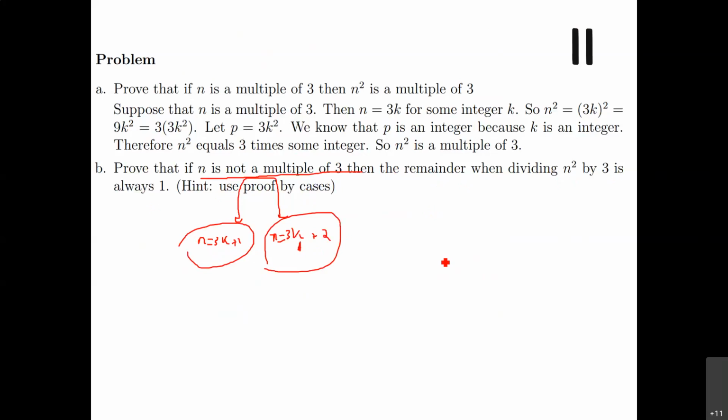What do you think is going to happen? So ideally, you'd assume, for example, n is this. You square it. You want to get somewhere which is like this: 3 times something, for example, plus 1. So the remainder is 1.